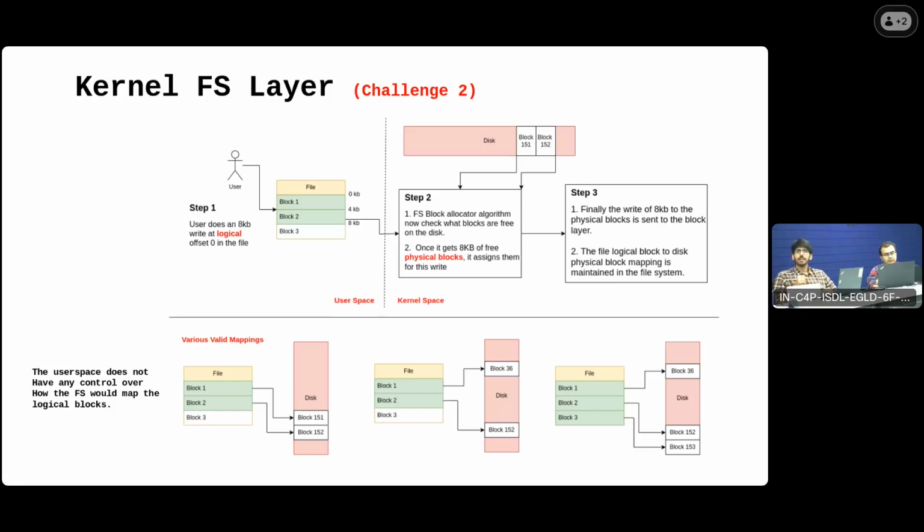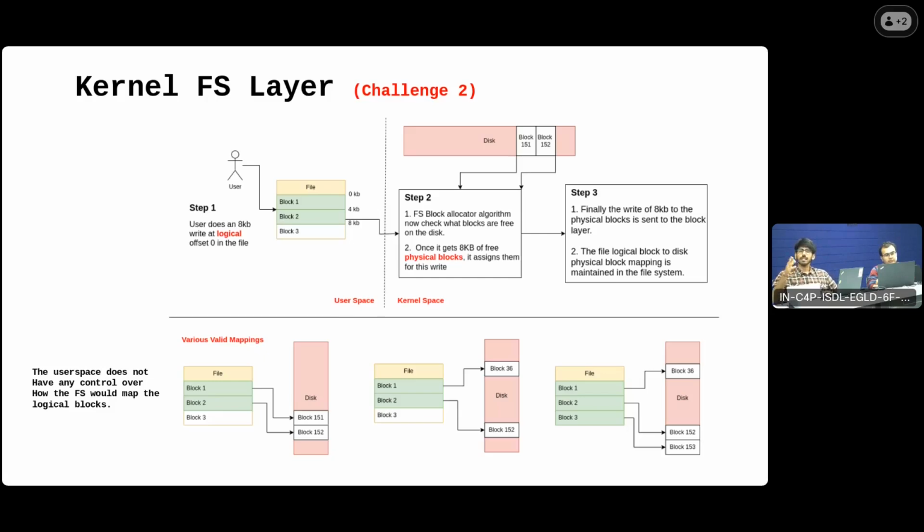One more thing that is important to note is that the user does not have any control over which blocks the user will get. If you come to the bottom half of the diagram now, on the left side I've shown a lot of different valid mappings that the file system could have produced. On the left we see the mapping from the example, that is blocks 1 and 2 get 151 and 152, continuous blocks.